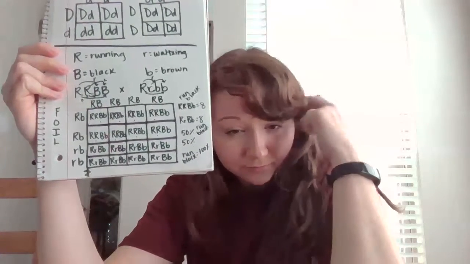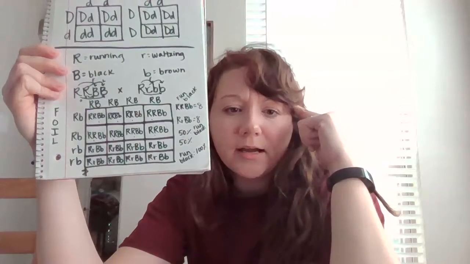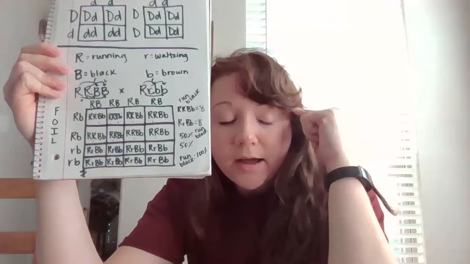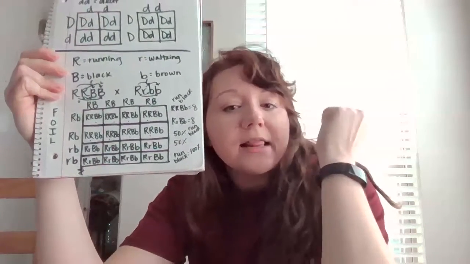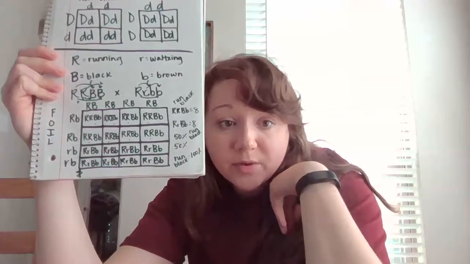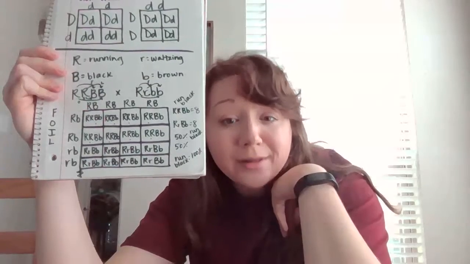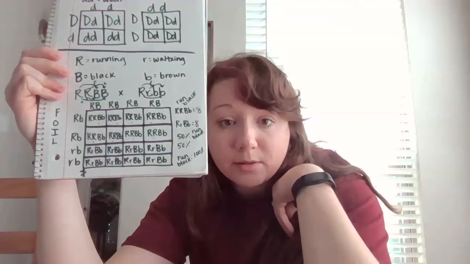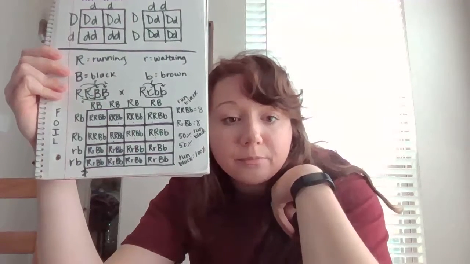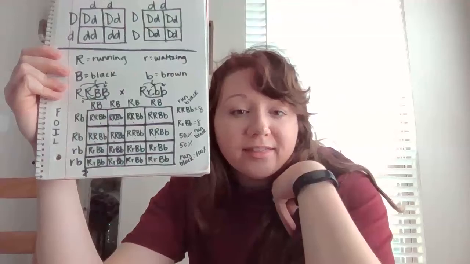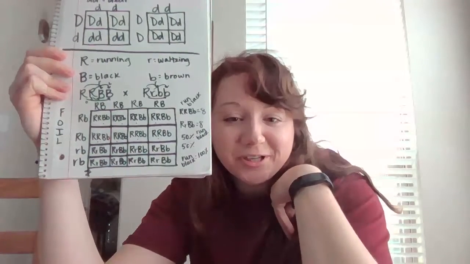This one was pretty easy in terms of the ratios. It can get way more complicated, and dihybrid Punnett squares are the most complicated Punnett squares. If you need help with them, please reach out to me so I can give you more practice, maybe one-on-one, because it can get pretty chaotic with counting the different genotypes.